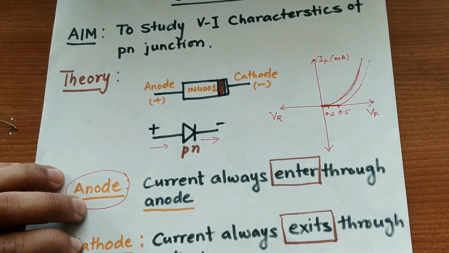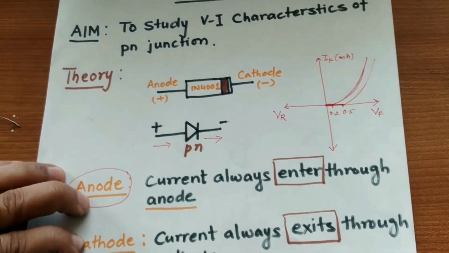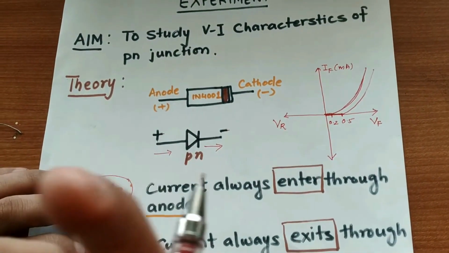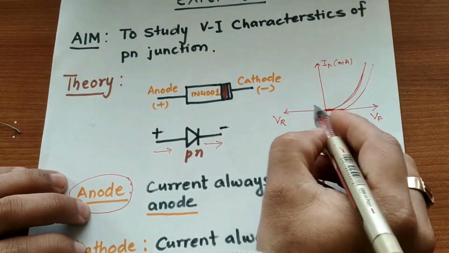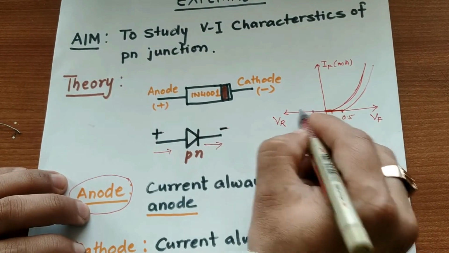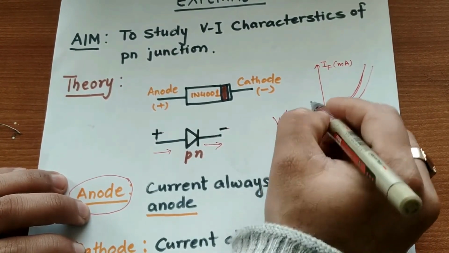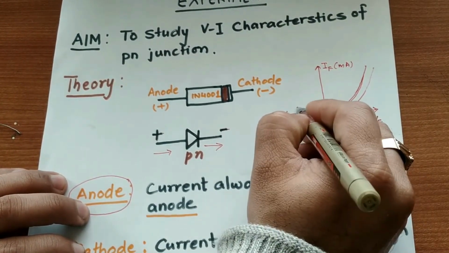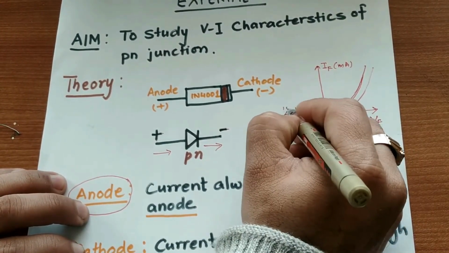milliamperes. When we talk about the diode in reverse bias condition, we have to apply more voltage. The voltage here is, say, with reference to 0, 5 volt, 10 volt, 15 volt, like this.